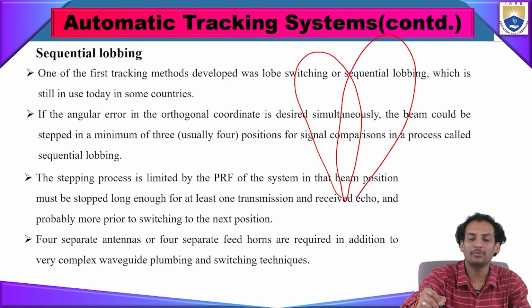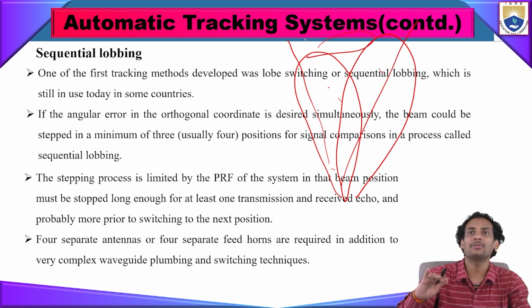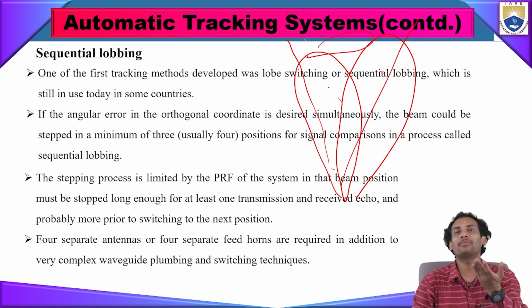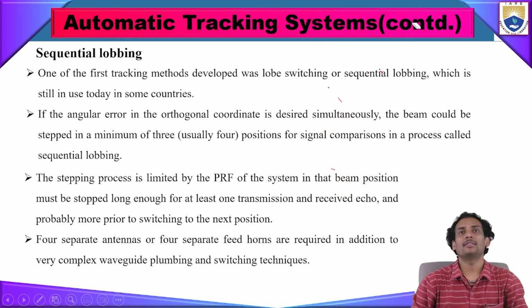These are the lobes created by the radar. Within that, it will sense whether the target is in this direction or that direction. It sends the signals within this range to see whether the target is there or not. So these are the lobing of signals.